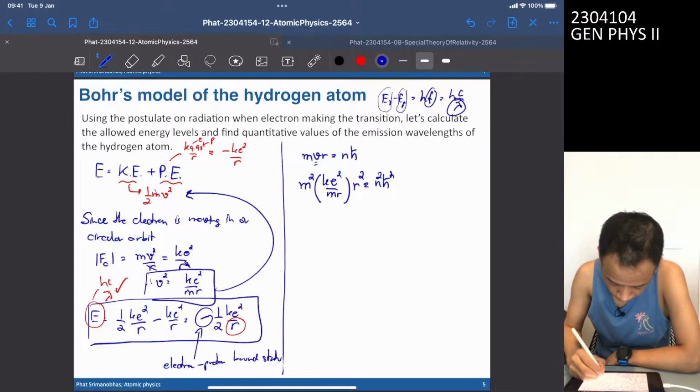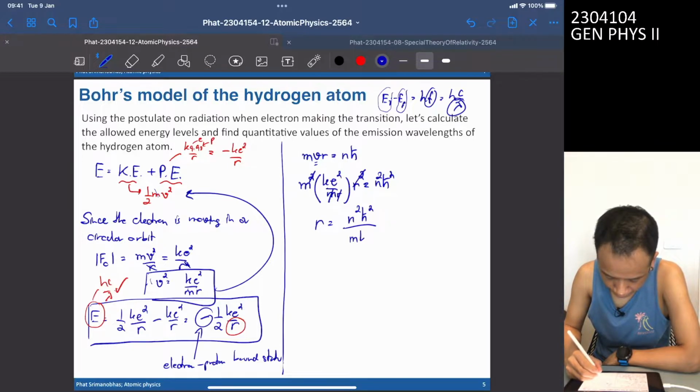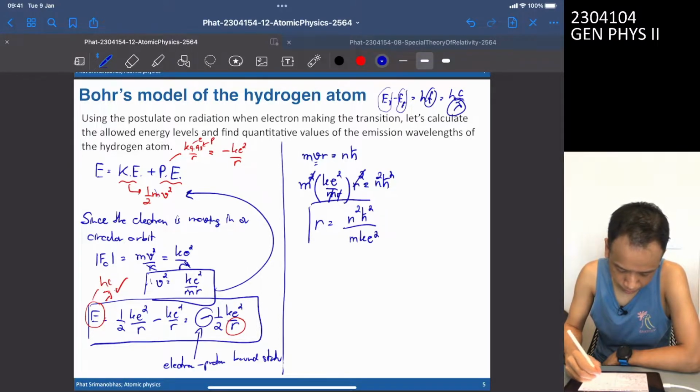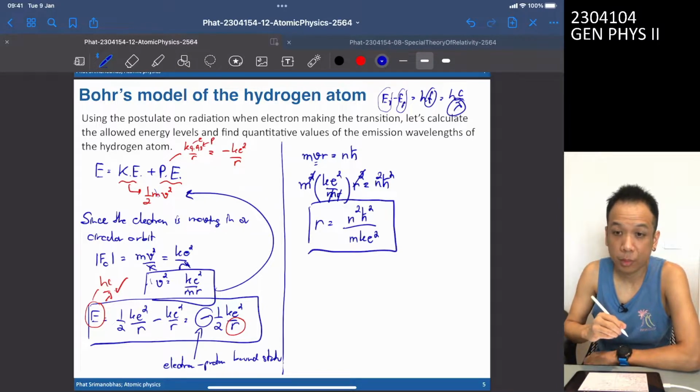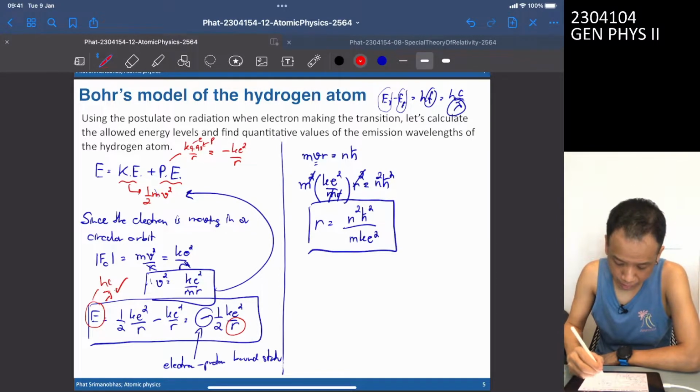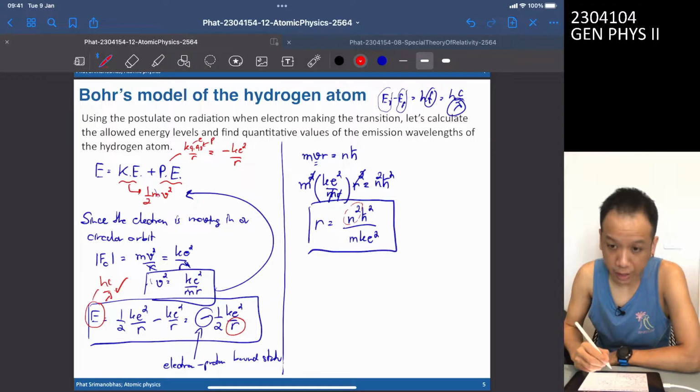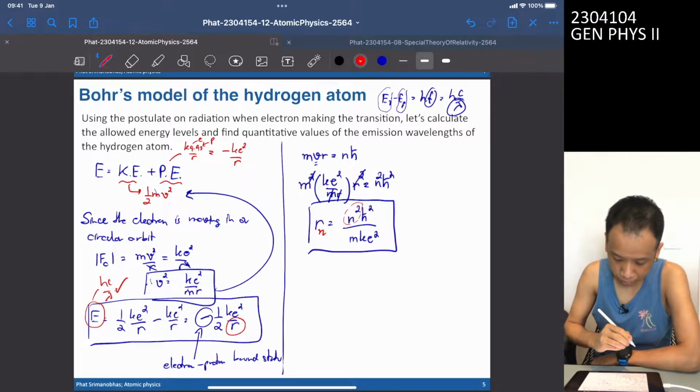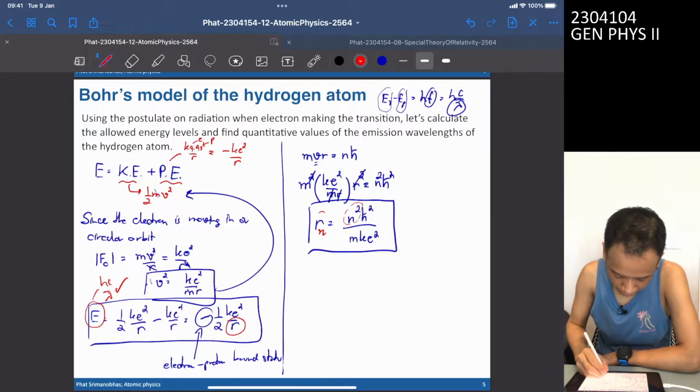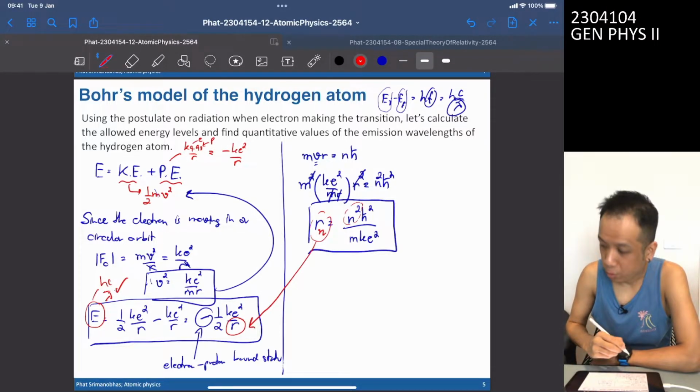So m cancels one, so r equals n square h bar square divided by mke square. This is the radius, and since the radius depends on the integer you put here, we take it as rn. We put the rn back into these equations, so you get the energies.